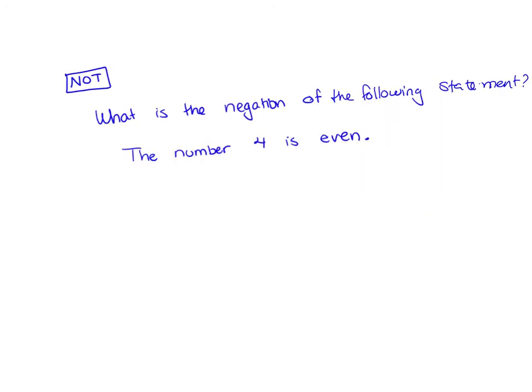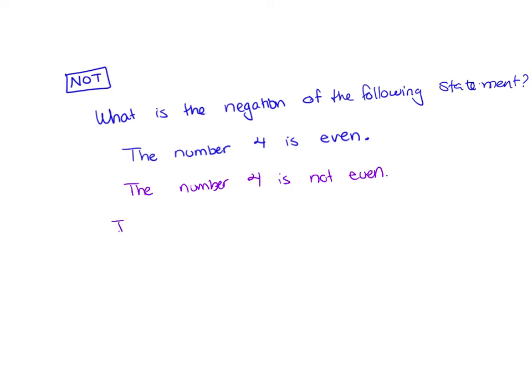We also have to be a little bit careful about negating statements here. So let's say I have the statement, the number 4 is even, and I want to negate that. There's lots of different ways I could do it. I could say the number 4 is not even.